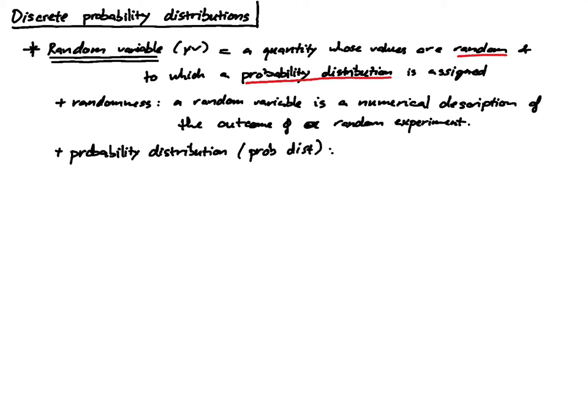So a probability distribution pretty much tells us the probabilities of the various possible values of a random variable.